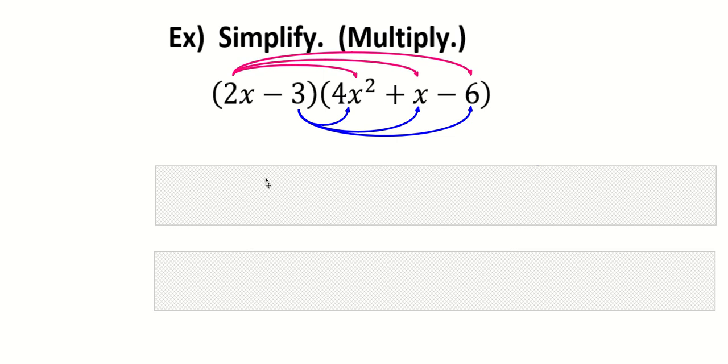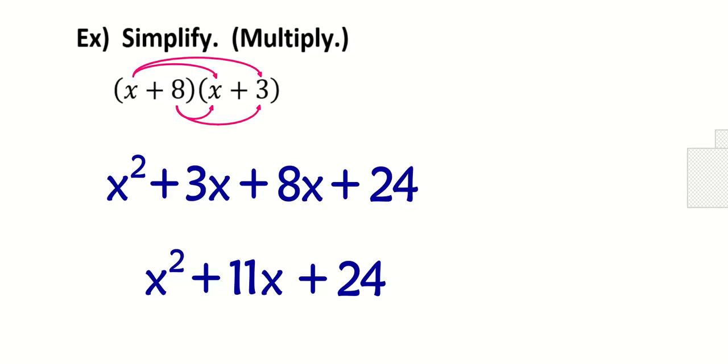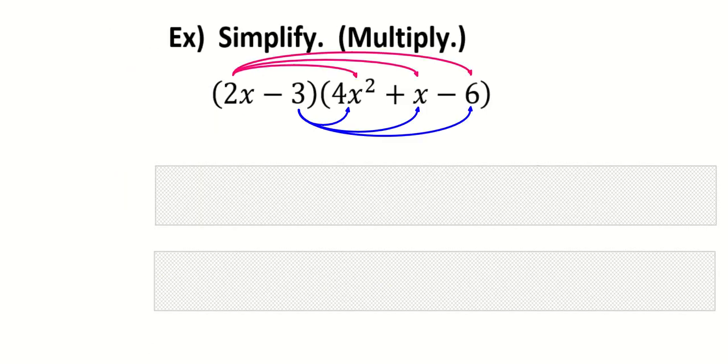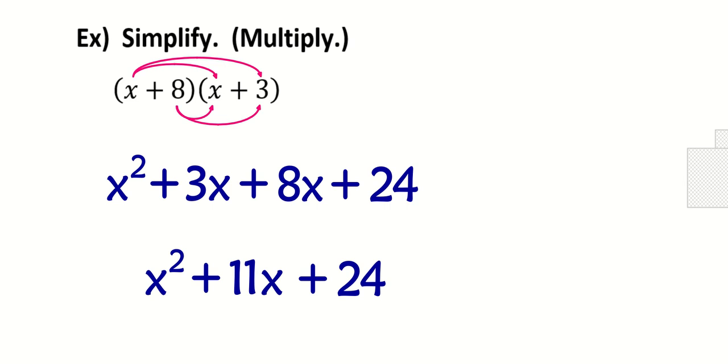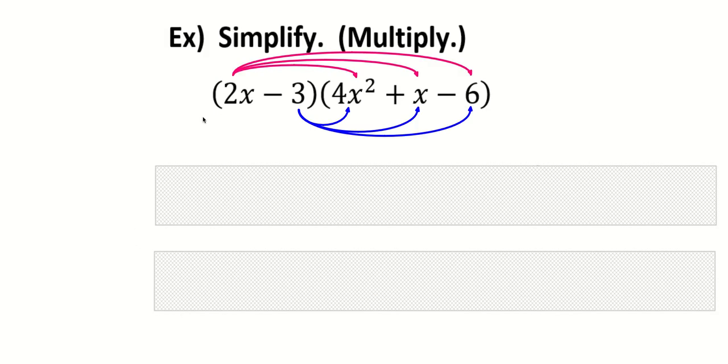And I think you might immediately understand perfectly that FOIL, first, outers, inners, last, is that going to cover all of this distributing? No. So you can't really call this FOIL. It's like FOIL, but it's more, because there's more distributing to do than these first 3 examples, right? Okay, here we go.